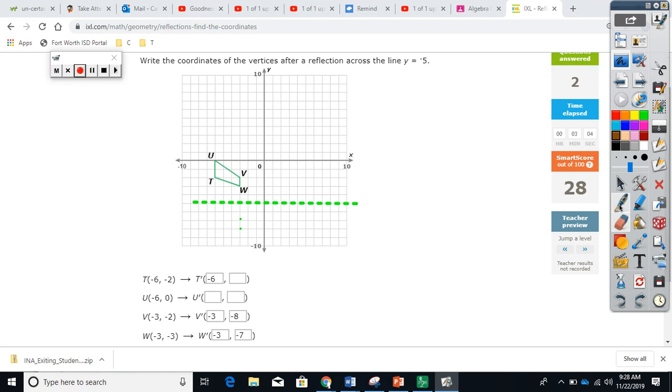Oh yeah, that is right. The y value is -8. Now u is how many away? 1, 2, 3, 4, 5. So it's at -6, -10. And that's what you're doing on the IXL.